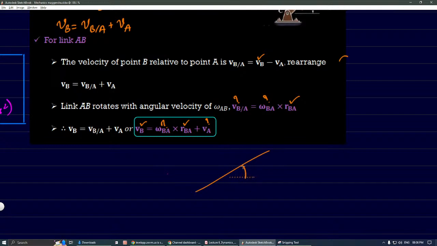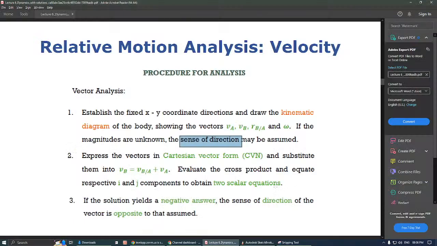The angle of this is called direction, and the arrow mark is called sense. The sense can be forward or backward. Direction has to be the angle of a line.